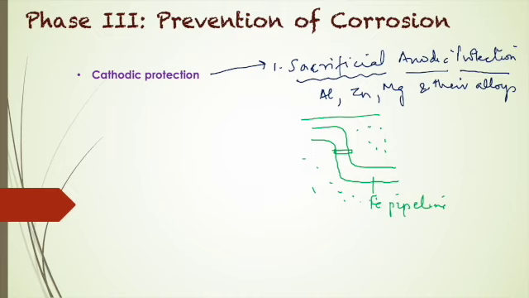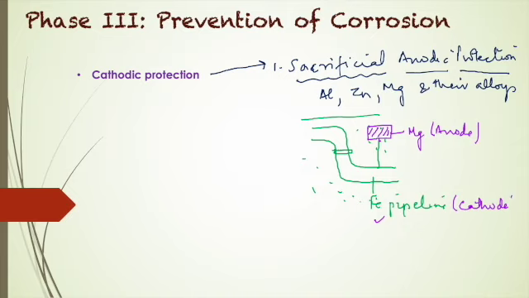I connect this iron pipeline with the help of a wire to some other metal piece. I just take a simple piece of metal which is more active than iron. And how do I know which is more active? From the galvanic series. I refer to the galvanic series. So I have taken a magnesium piece of metal which is more active than iron. Okay, and so what will happen? This magnesium will function as an anode, and my iron pipeline will function as a cathode.